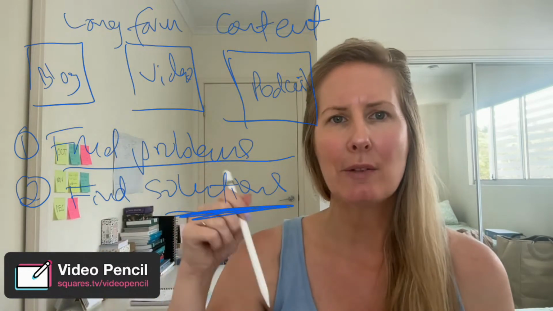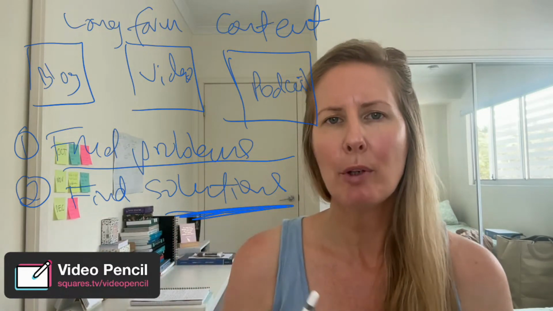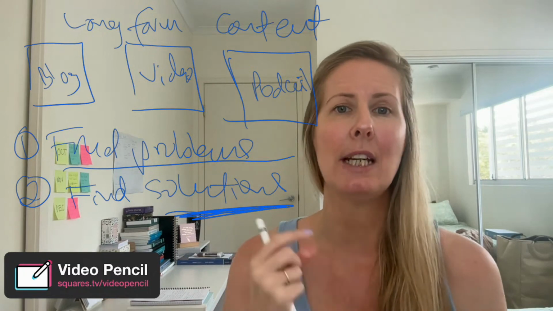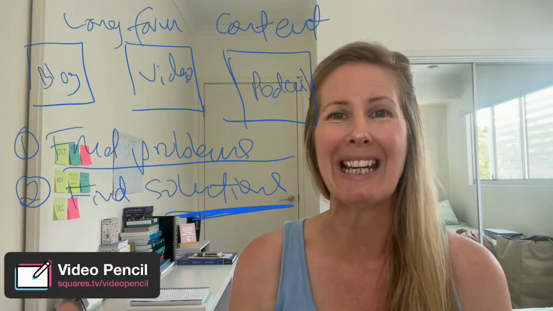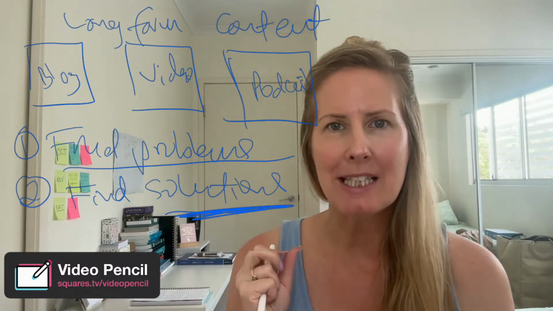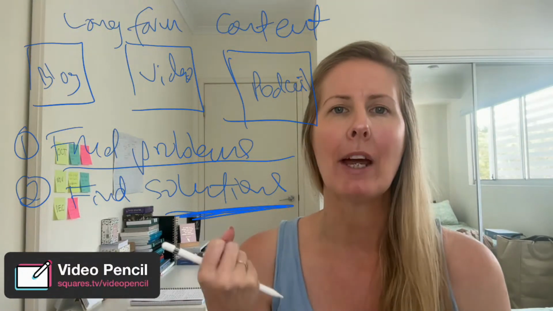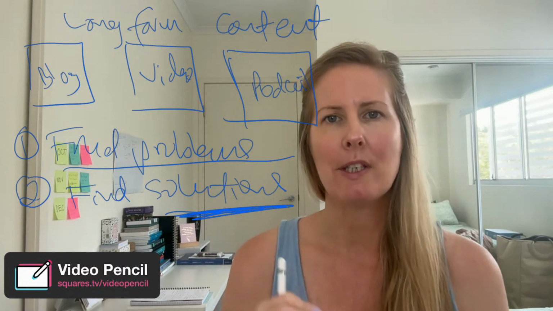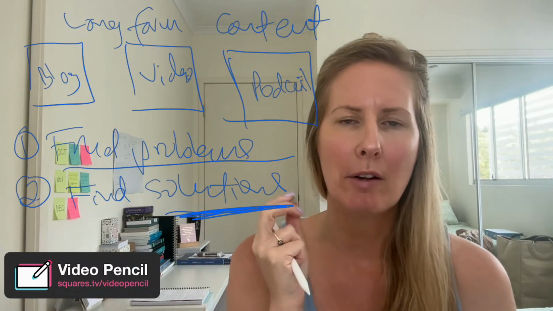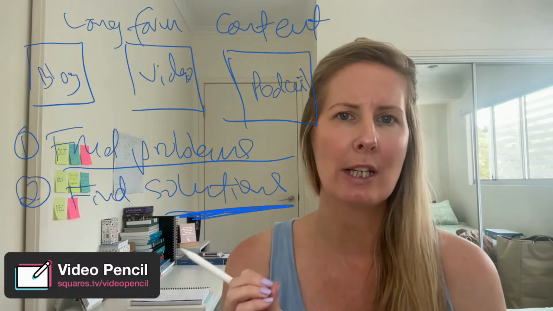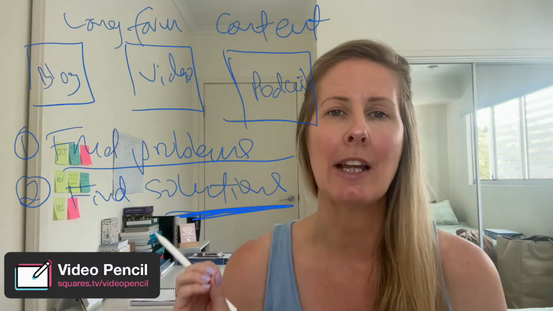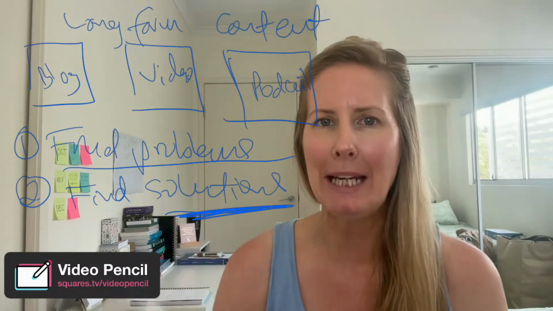So in this video, I will link to a couple of pieces of discoverable content. One will be a blog post, one will be a video, so you can go and check that out even more, and you'll be able to see exactly what I'm doing here. But the first step in this process is making sure that you are finding problems that you can solve and that your solution is clearly identified in that discoverable content piece.